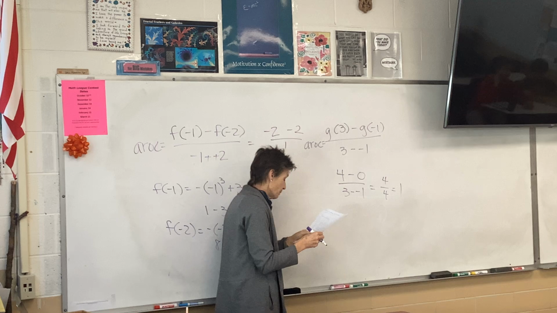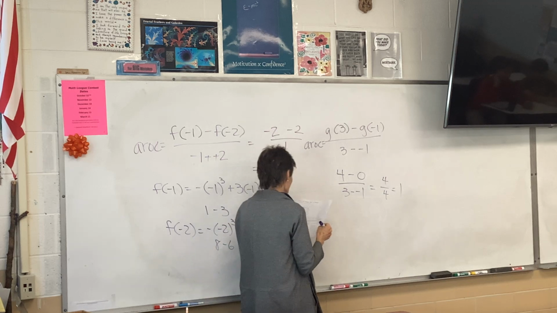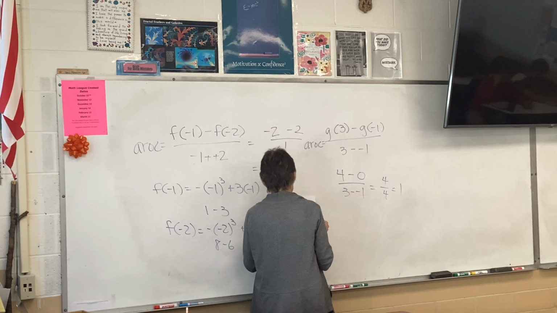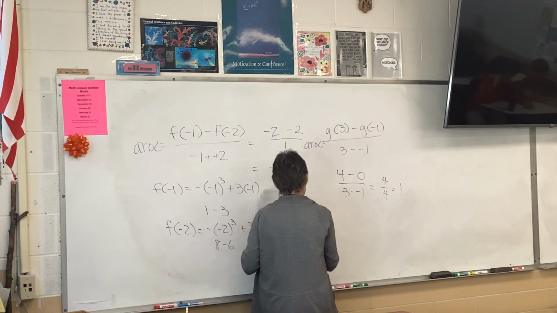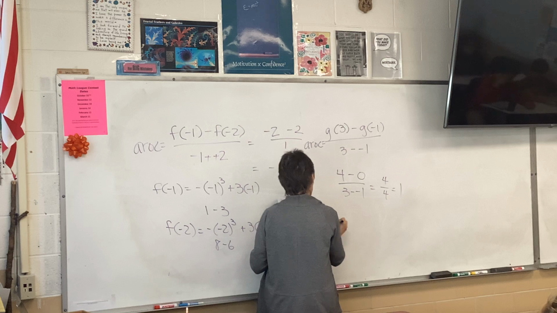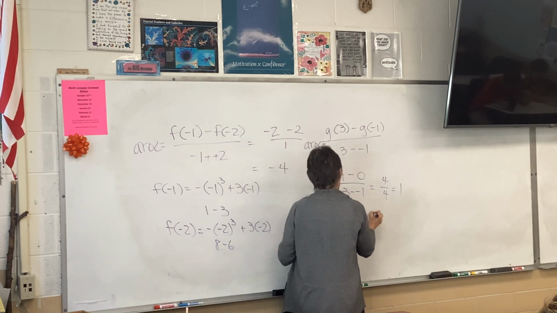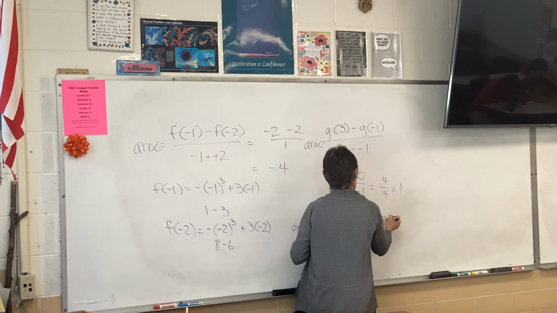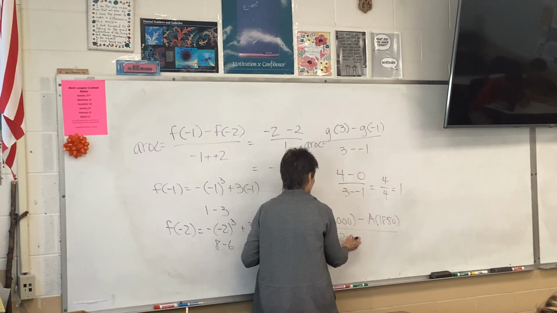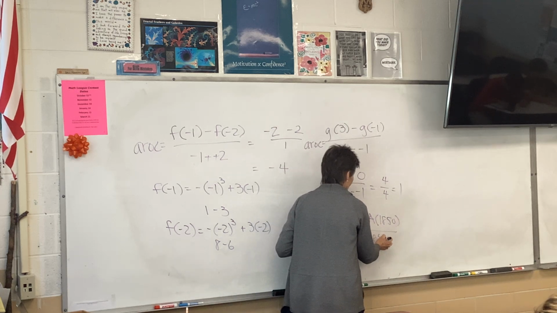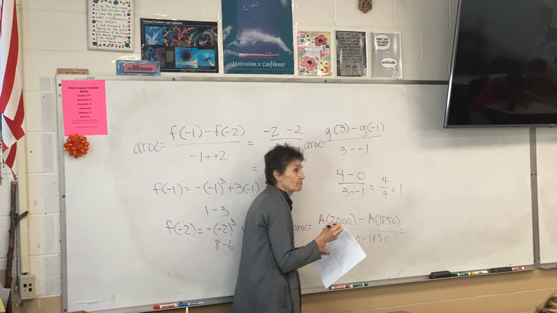All right, table above, find the average rate of change. So we're going to do A of 2,000 minus A of 1850 over 2,000 minus 1850. Is that okay with everyone?